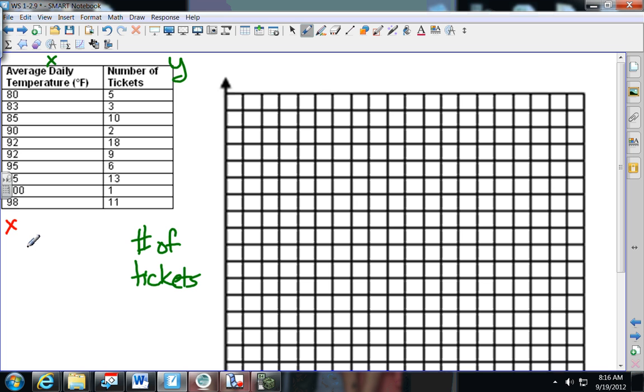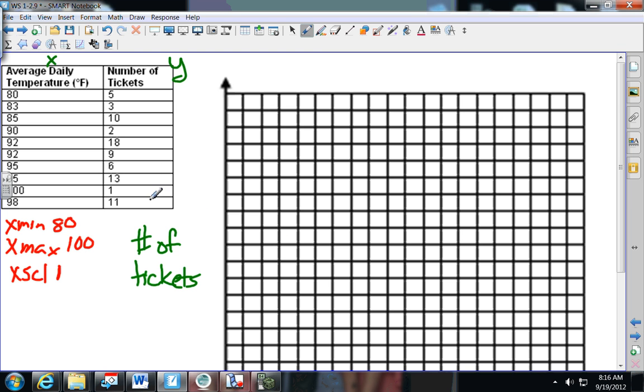The smallest one I have, it looks like is, oh, that one thing's in the way. 85, 90. Okay, so it looks like it's an 80. X minimum, looks like it's 80. X maximum, the largest looks like it's 100. Guess they don't live in Houston. X scale. If you're going from here, there's probably about 20 lines right here. I'll go by ones.